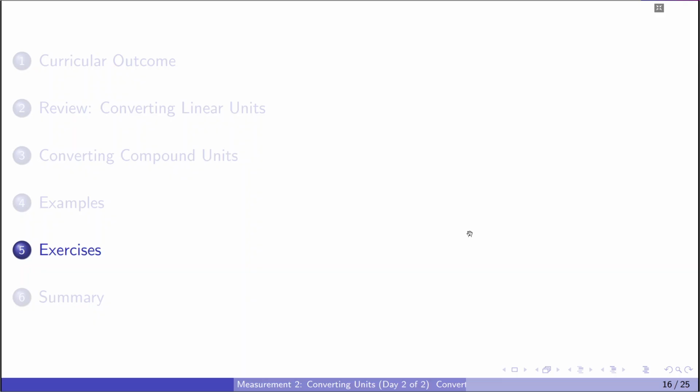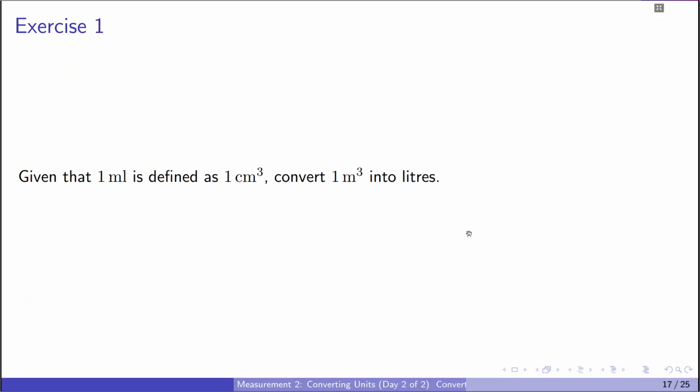All right, time for you to practice. If 1 milliliter is defined as a cubic centimeter, convert 1 cubic meter into liters. So we have to remember 1,000 milliliters make up 1 liter.